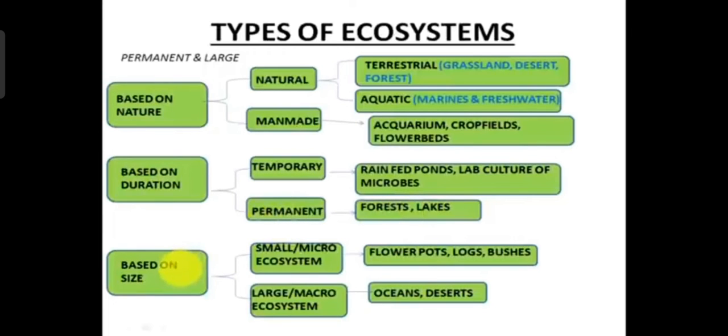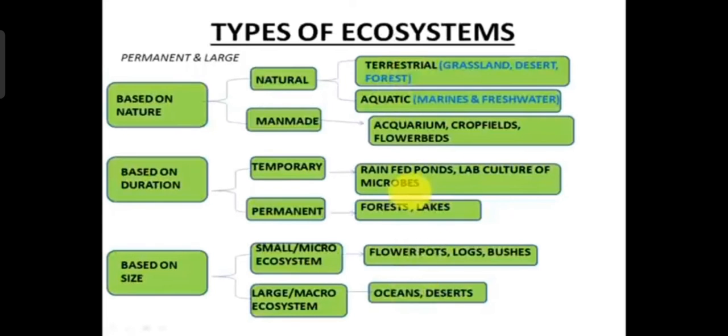Based on the size, we have small, or micro ecosystem, and large, or macro ecosystem. Small or micro ecosystems will be like flower pots, logs, some bushes, and the large, or macro ecosystem, can be ocean and desert. These things are getting repeated here, like this is aquatic, this is again ocean.